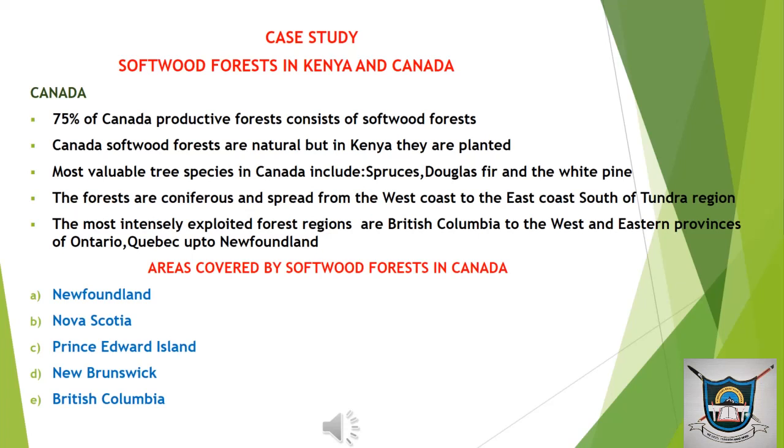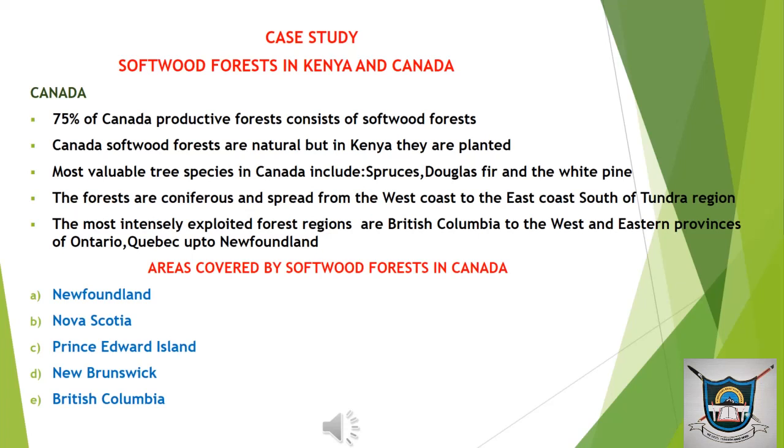The forests are coniferous and spread from the west coast to the east coast, south of the Tundra region. The most intensely exploited forest regions are British Columbia to the west and the eastern provinces of Ontario, Quebec, up to Newfoundland.